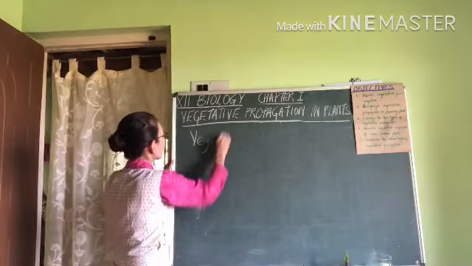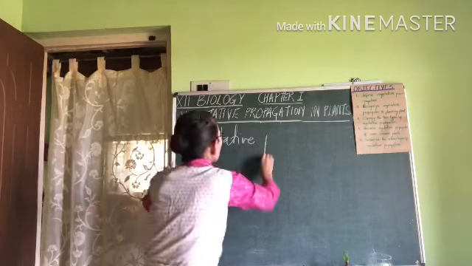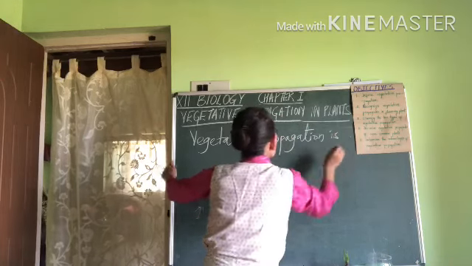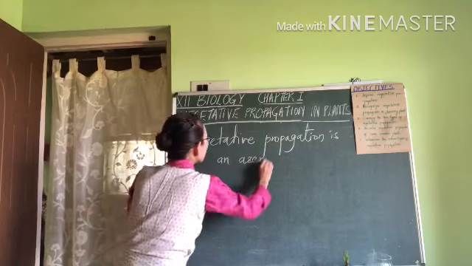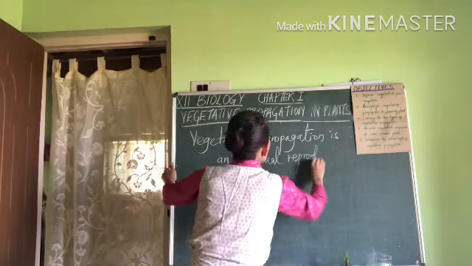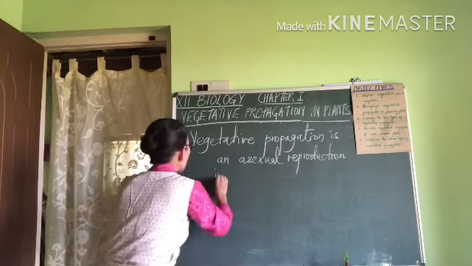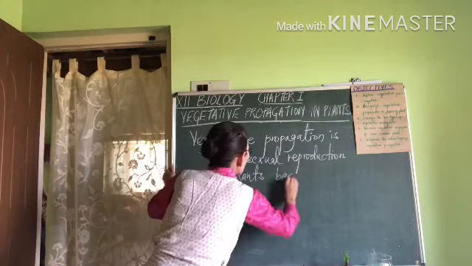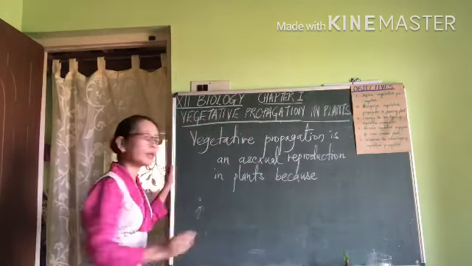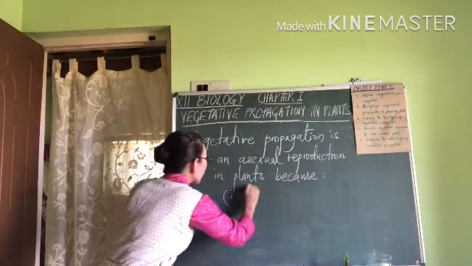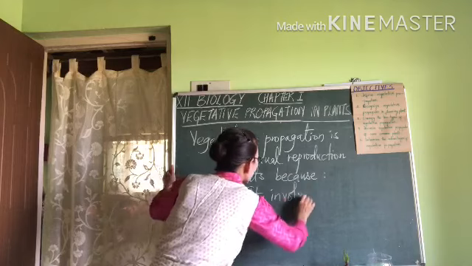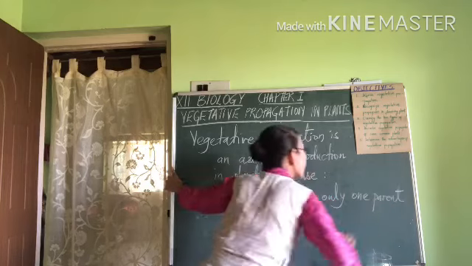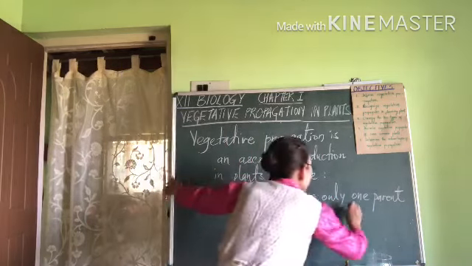So, vegetative propagation is an asexual reproduction in plants. Right? Why does it become an asexual reproduction? Because number one, it involves only one parent, which is to say it is uniparental.